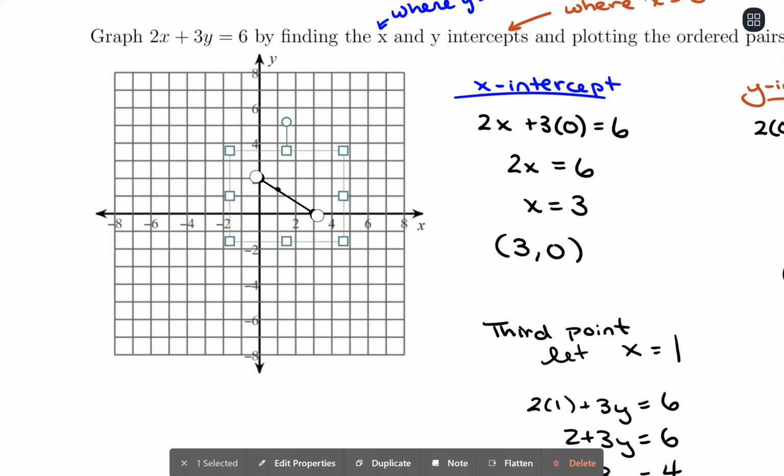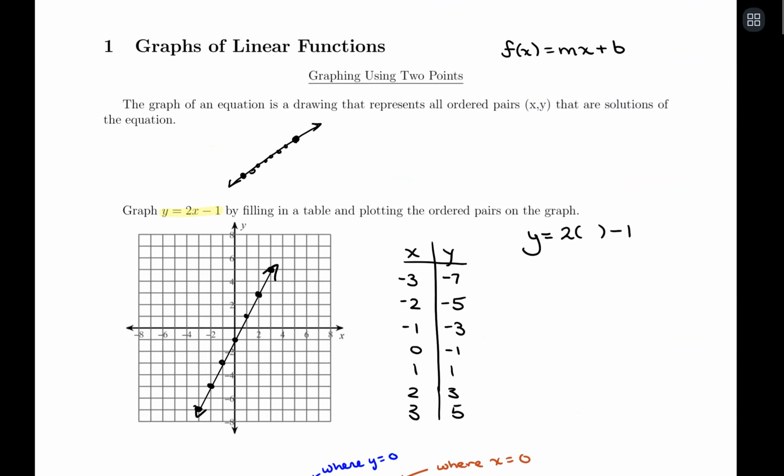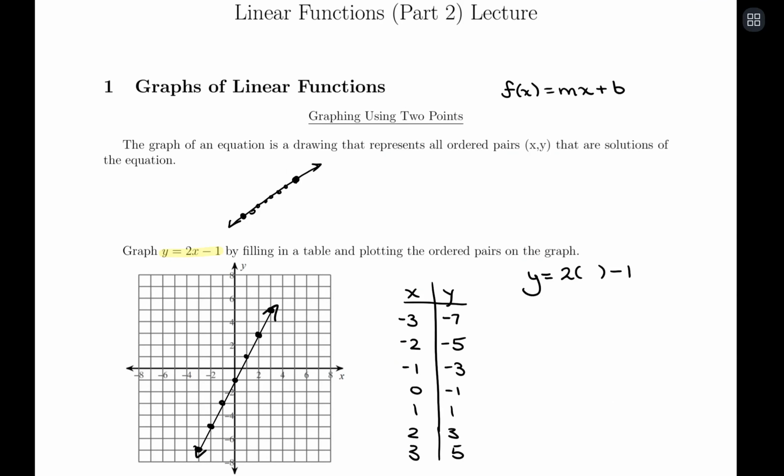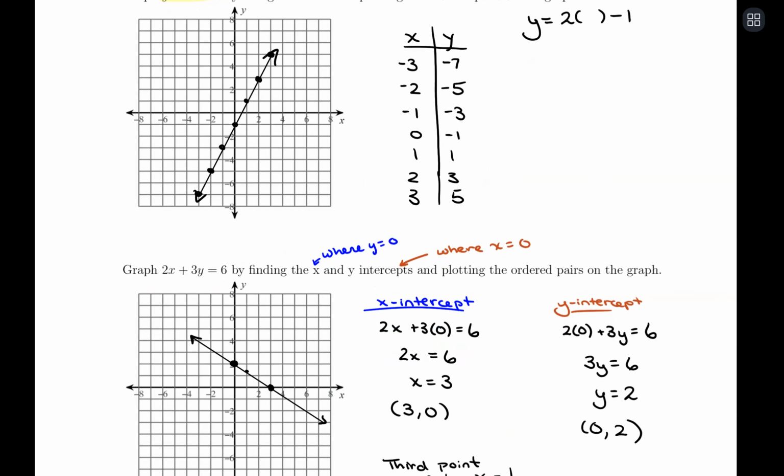So with that, we just kind of confirm that we did this correctly, and we can just lengthen our line a bit and let it go up to infinity. So in terms of graphing linear functions, these are methods we could use: just plugging in values for x to get some coordinates out, or focusing on the x and y intercepts.